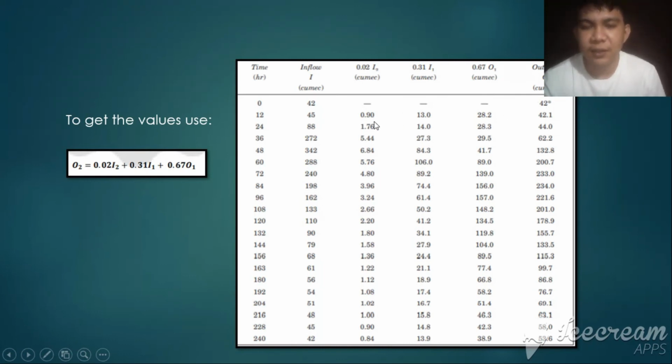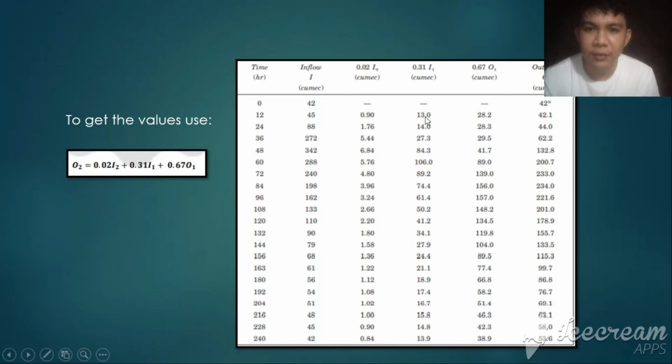So kani as is ning diri sa first, so outflow lang makuha na. Then sugod ta sa second row, so giunsa man pagkuha ning 0.90. So based diri na formula, naa tay 0.02 times I2. Asa man ang I2? Kaning 45. So times 45, mao na siya 0.9 or 0.90.